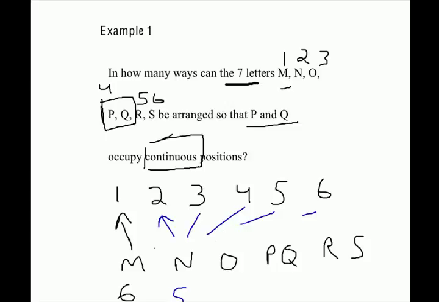Now assume N has gone to 2. It could be anything, doesn't have to be 2. O could go to 3 or 4 or 5 or 6, so 4 places. And PQ combination similarly could go to 3 places. R could go to 2 places, and S would have only 1 place to go.